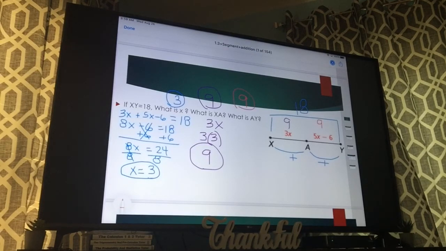You guys don't have to write all this on your piece of paper, but the other segment is 5x minus 6. And we know that our x is 3, so 5 times 3 minus 6. Well, 5 times 3 is 15 minus 6, which is 9. And that's what we got doing the cheater way, too.